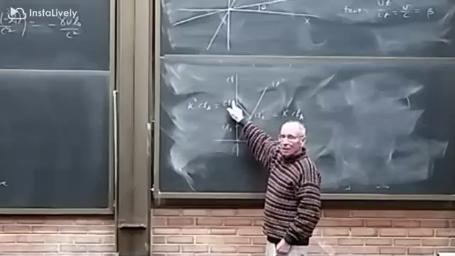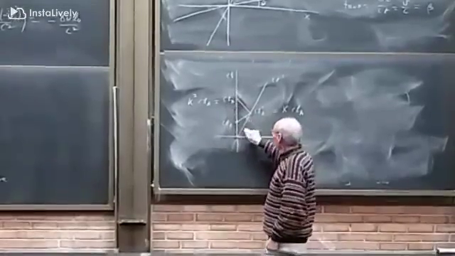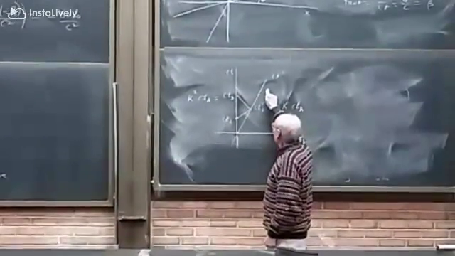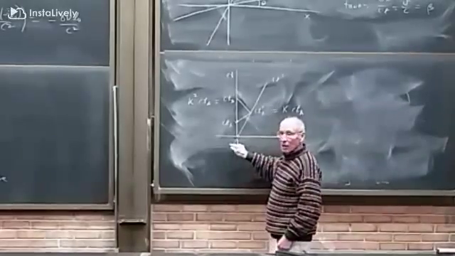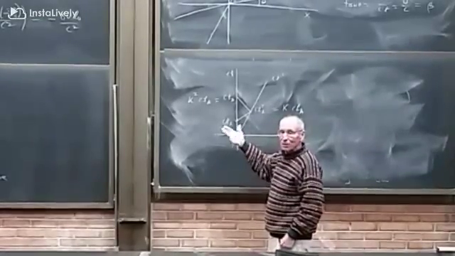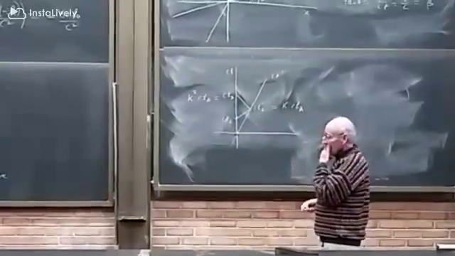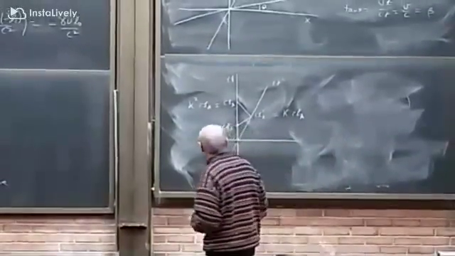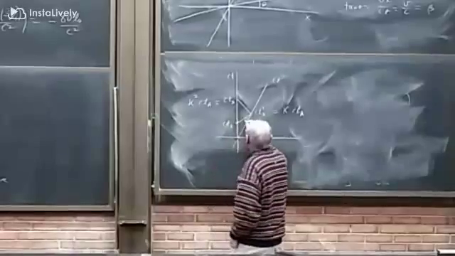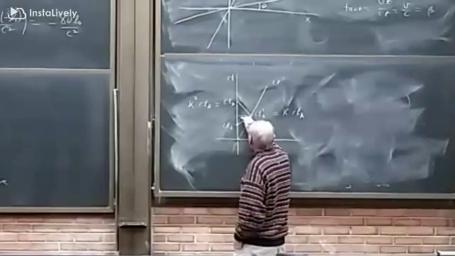When the mirror is moving very fast? The mirror is moving because this system is moving down my positive x-axis with speed v. All right? Now, what is this distance?